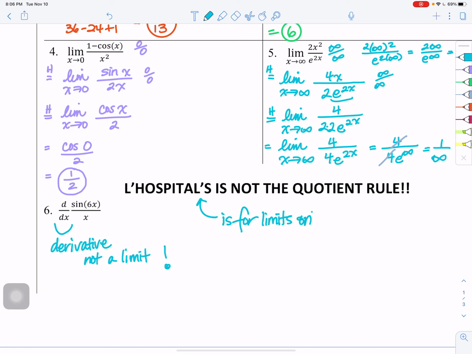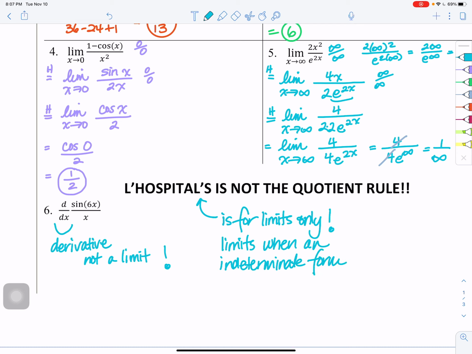And not only is it for limits, but it's only for limits when an indeterminate form arises or appears or is evaluated.